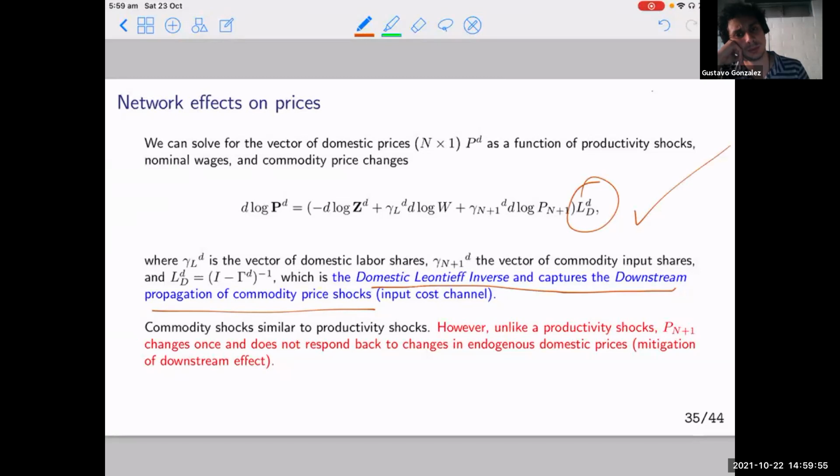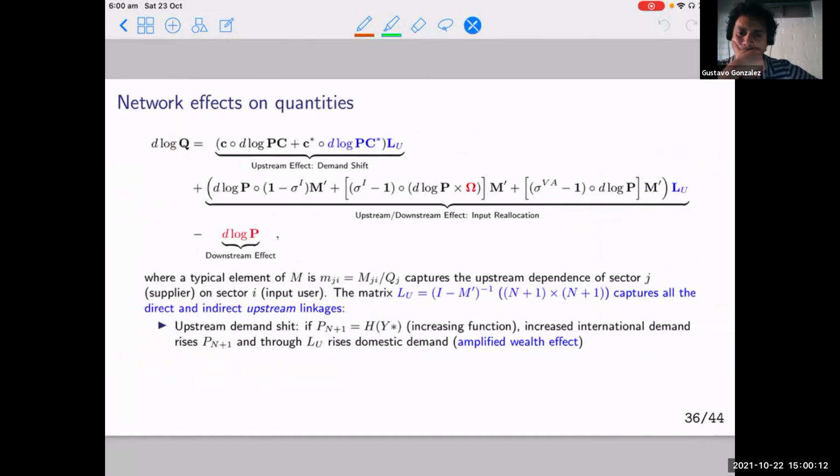We highlight a different element here, that these commodity price shocks propagate differently to productivity shocks. And that's mostly because this is just an exogenous price, the small open economy, right? There is no feedback on prices of commodities internally. And finally, the main equation so far to qualitatively explain the data is the following. How do quantities respond?